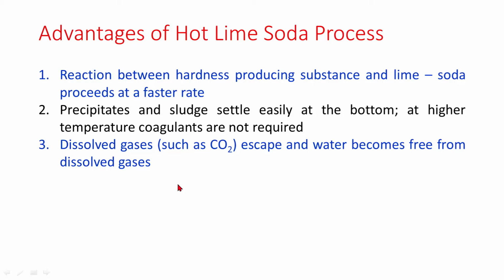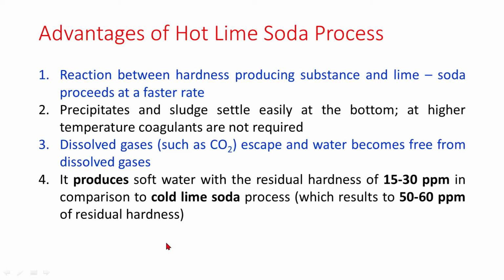Dissolved gases such as carbon dioxide escape and water becomes free from dissolved gases. It produces soft water with residual hardness of 15 to 30 ppm in comparison to the cold lime soda process, which results in 50 to 60 ppm of residual hardness.